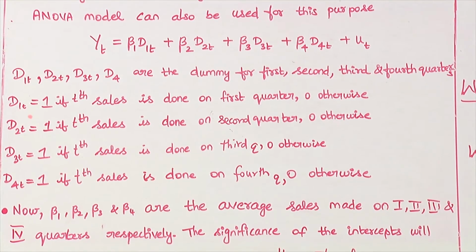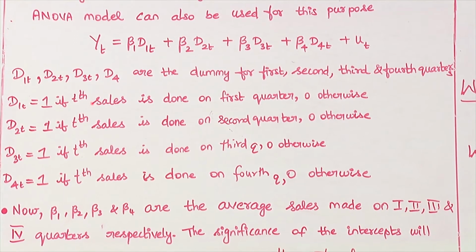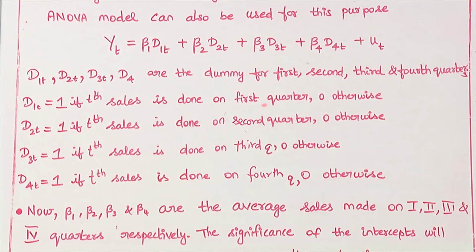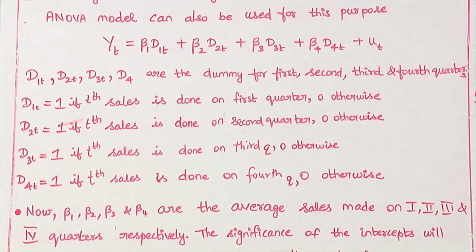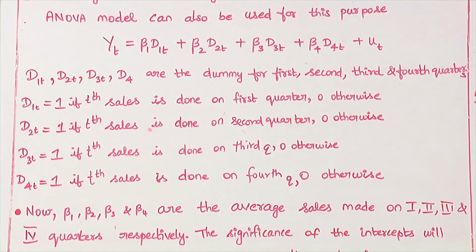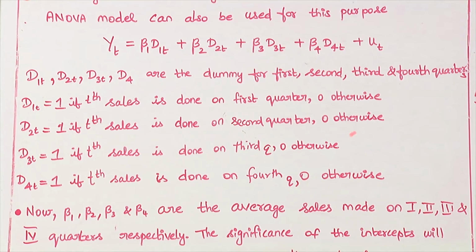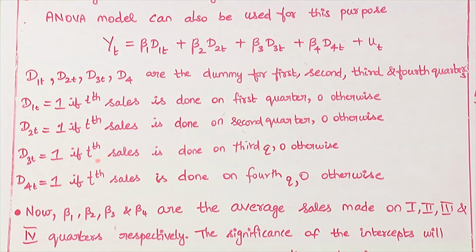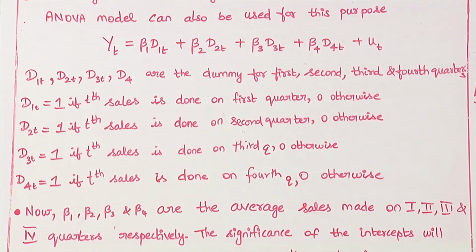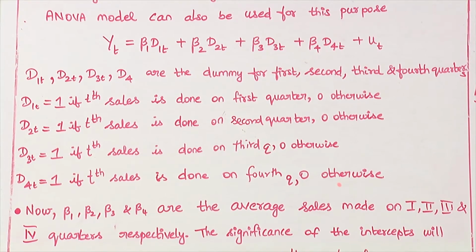Now, D1t is equal to 1 if the teeth sale is done in the first quarter, 0 otherwise. D2t is equal to 1 if teeth sales is done in the second quarter and 0 otherwise. D3t is equal to 1 if teeth sales is done in the third quarter and 0 otherwise. D4t is equal to 1 if teeth sales is done in the fourth quarter, 0 otherwise.